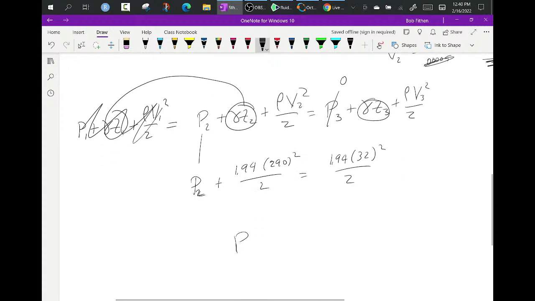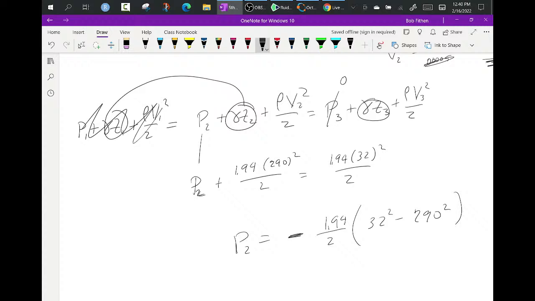So you get P2 equaling something that is completely unrealistic, but it's a negative number, and that's the point I wanted to make. 32 squared minus 290 squared. It is going to be completely unrealistic because it's not going to be possible to do this.